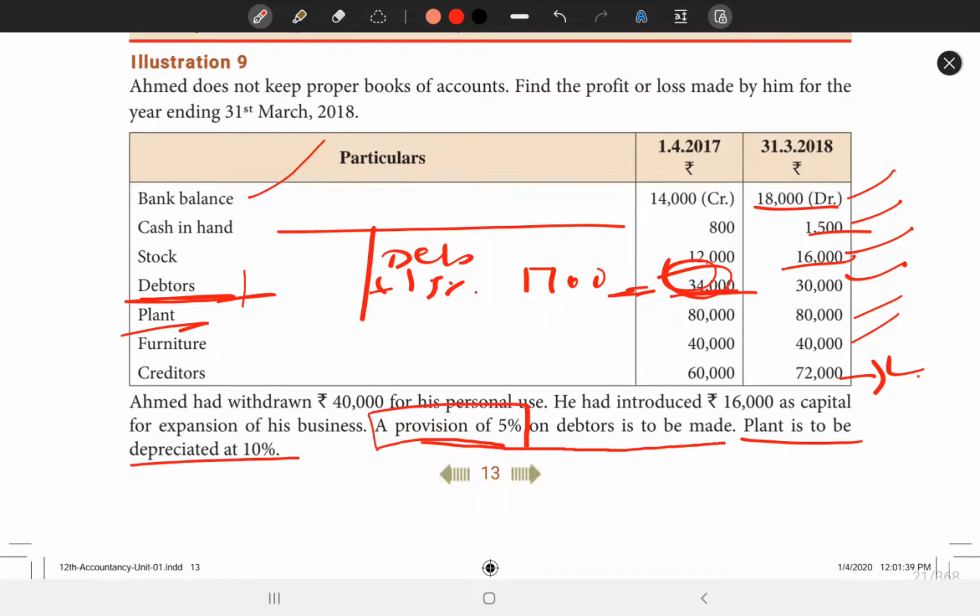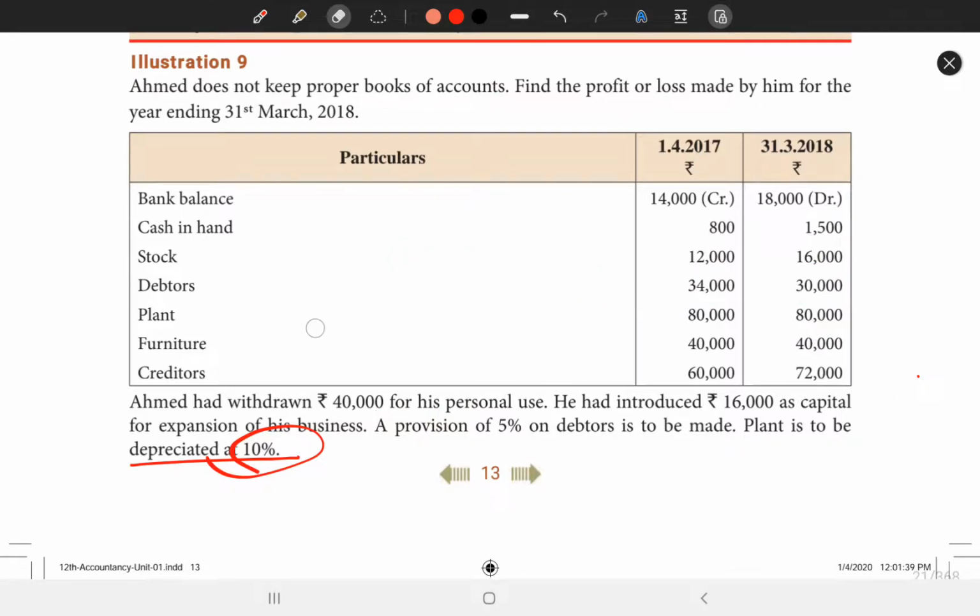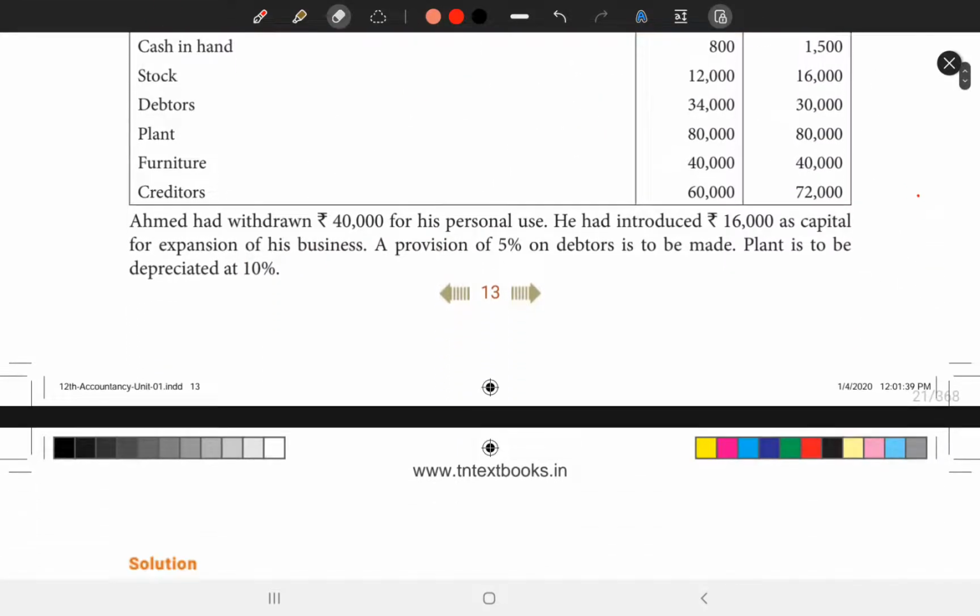Okay, and the plant is to be depreciated at 10%. Same as this, the plant will be written as 80,000, given here, and 10%, which is 8,000, will be subtracted from the amount. Okay, that's all, and the other things are common and easy.